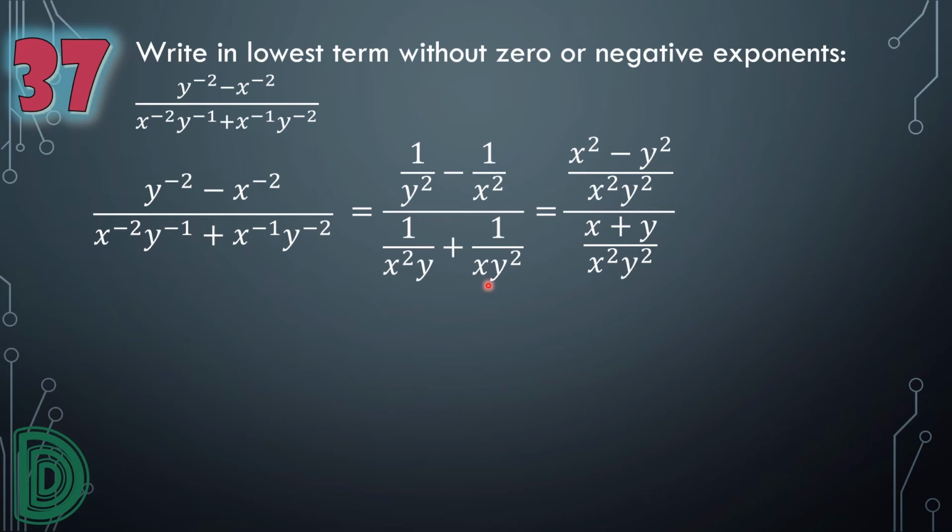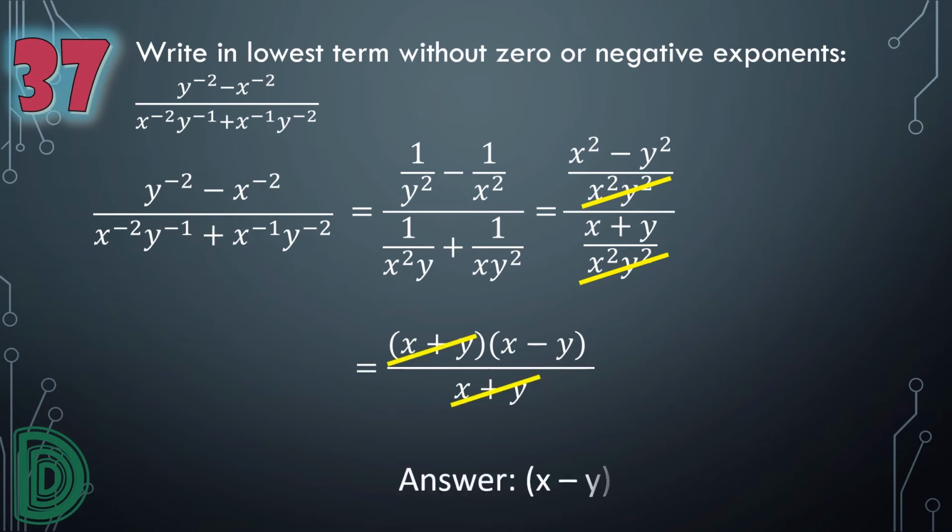Divide by xy squared, that is x times 1, so we have x plus y. And then x squared y squared cancels, so we have x squared minus y squared over x plus y, and x squared minus y squared factors as x plus y times x minus y. In this case, x plus y over x plus y is equal to 1, so the final answer is x minus y.